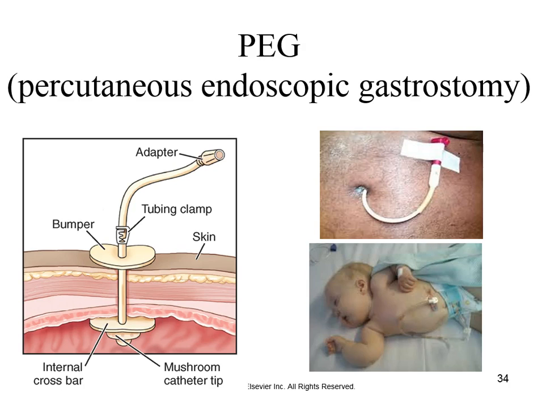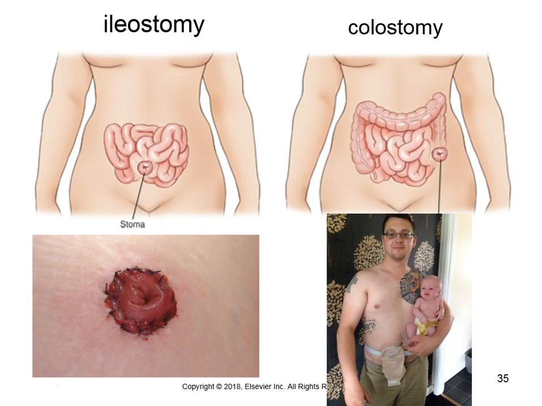So this would be a way to feed people, or in this case, let's say that the baby can't actually chew food or eat food or swallow food that it needs, but obviously it needs the nourishment. So this tube connects into the stomach, and you can kind of see what that looks like through the layers of skin and tubing.